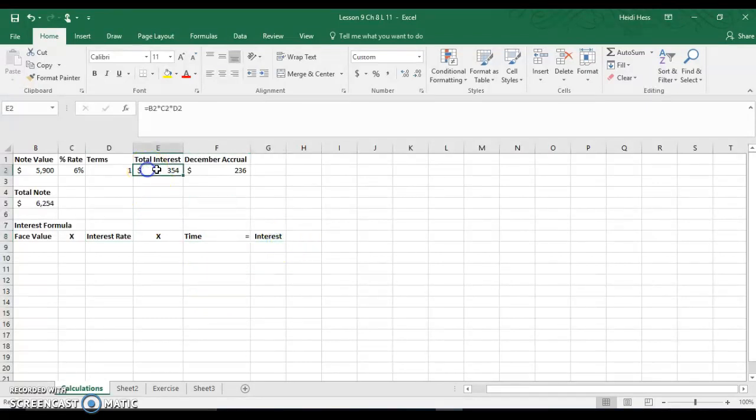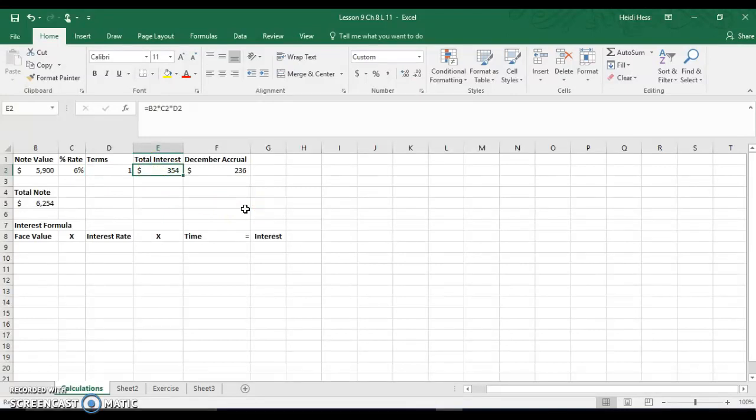As you can see right here, if you look in the formula bar, I've got the calculation in here. So we've got $5,900 times 6%. And then the terms, it says 1, but it's 12 months over 12 months, so it is 1. So our total interest accrued is going to be $354 for the entire note.